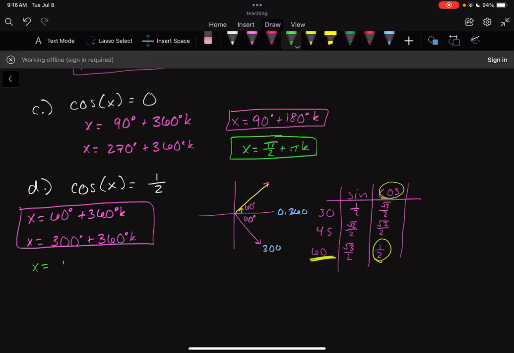This would be pi over 3 plus 2 pi k. And then 300 would be 6 pi over 3, 60 degrees being pi over 3, so this would be 5 pi over 3 plus 2 pi k. So this would be the radians answer. Again, I do not mind if you do radians or degrees.